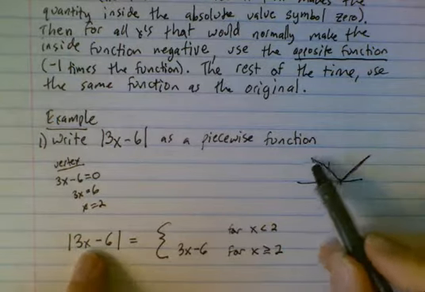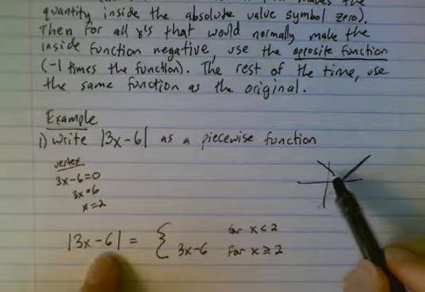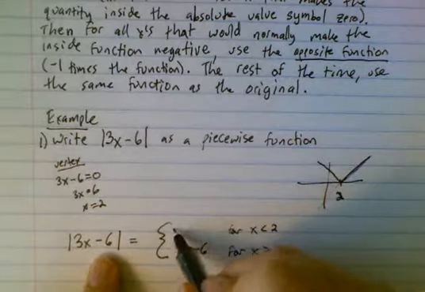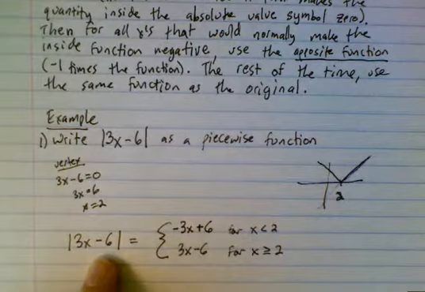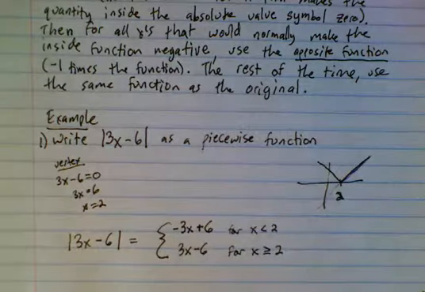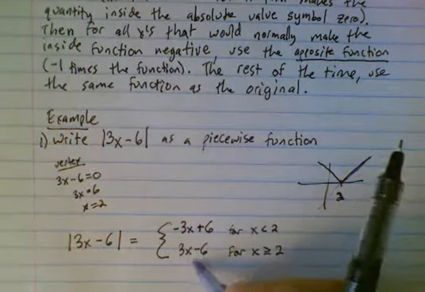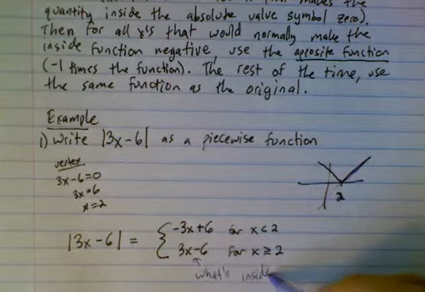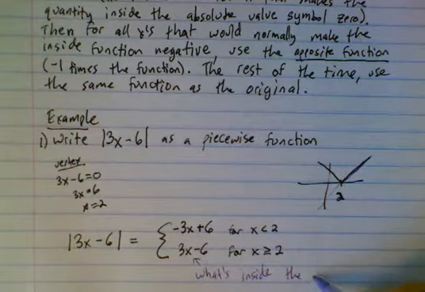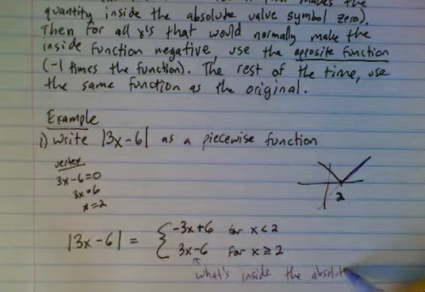Notice that this has a negative slope and a positive y-intercept. It is the opposite function. It's negative 3x plus 6. So this part right here is what's inside the absolute value.